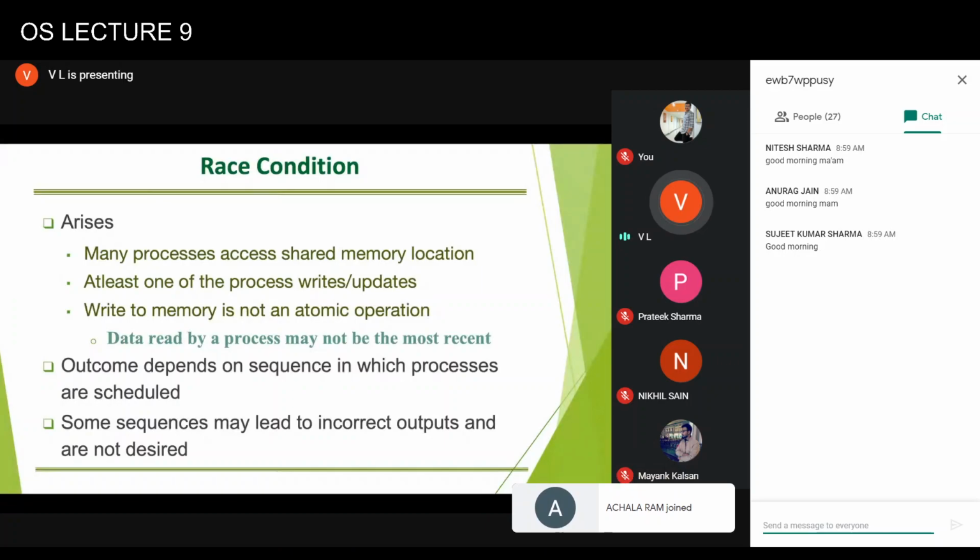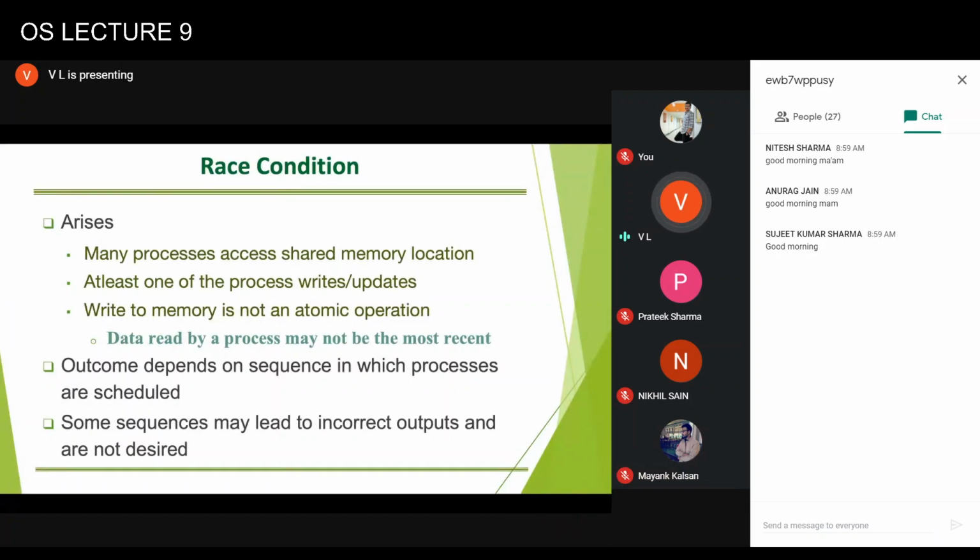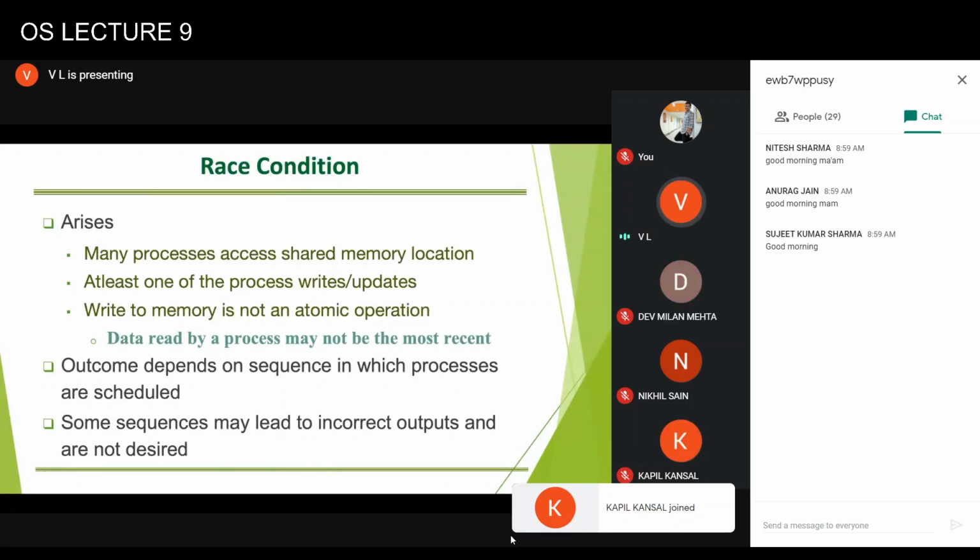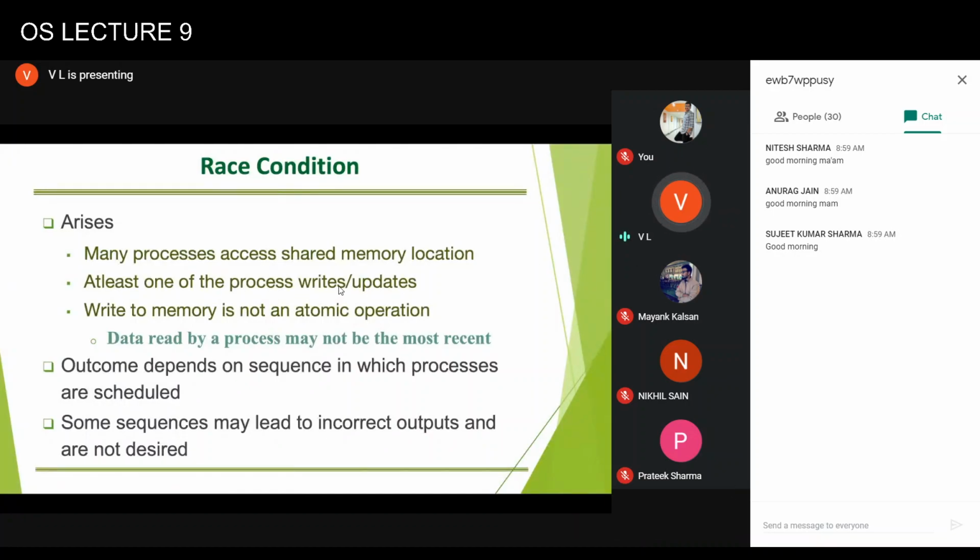Changes might have occurred to the data while the process was processing it. So the outcome depends upon the sequence in which the processes are scheduled, and some of the outcomes may be incorrect and may not be desirable. So it is required to identify if a race condition occurs, and if yes, then how to ensure that the processes are run in a proper sequence to give a correct answer.